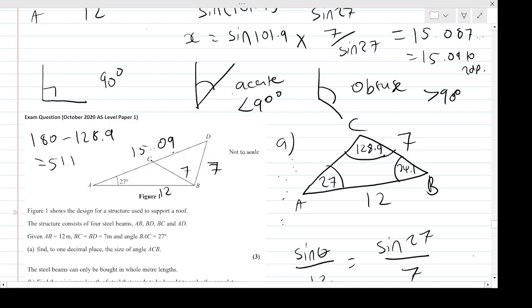So now I can work out the perimeter, because it's talking about adding steel beams to the edge of the structure.